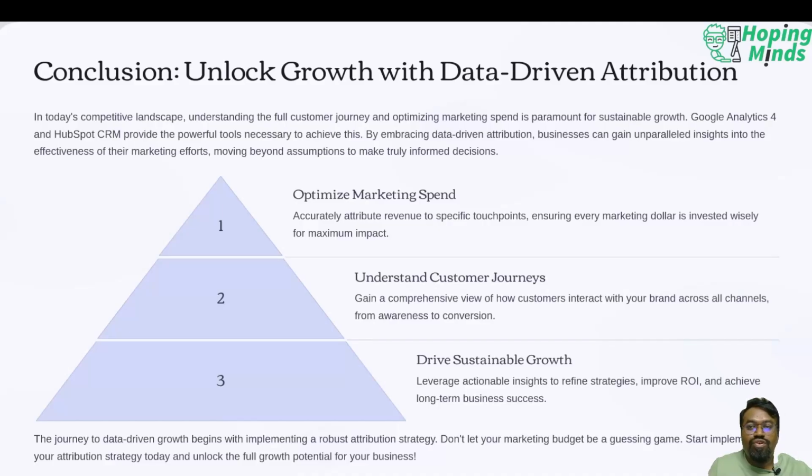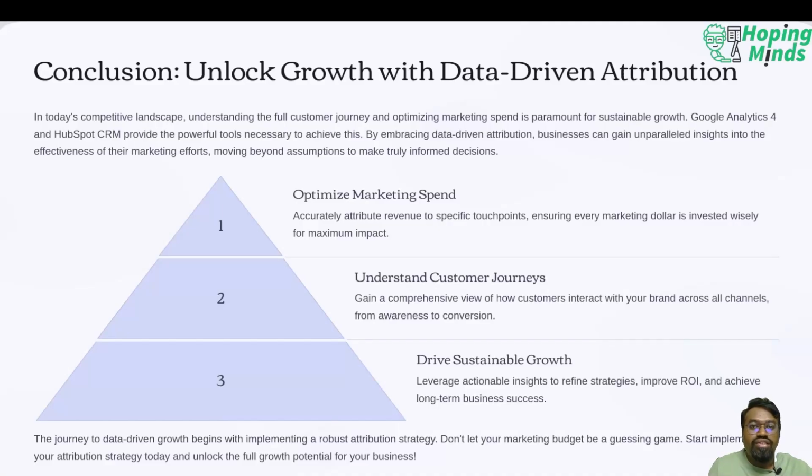So Google Analytics 4 and HubSpot CRM provide the powerful tools necessary to achieve this. By embracing data attribution, businesses can gain unparalleled insight into the effectiveness of their marketing efforts, moving beyond assumptions to make truly informed decisions. Therefore, we need to make sure that we accurately attribute revenue to specific touch points, ensuring every marketing dollar is invested wisely for maximum impact, right?